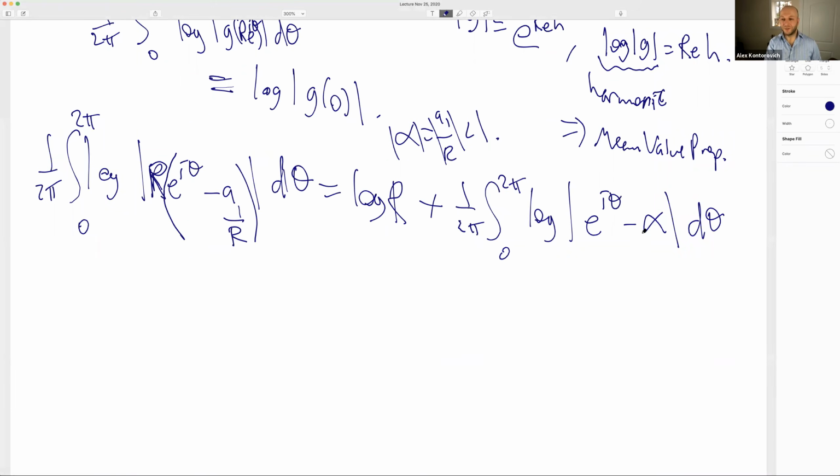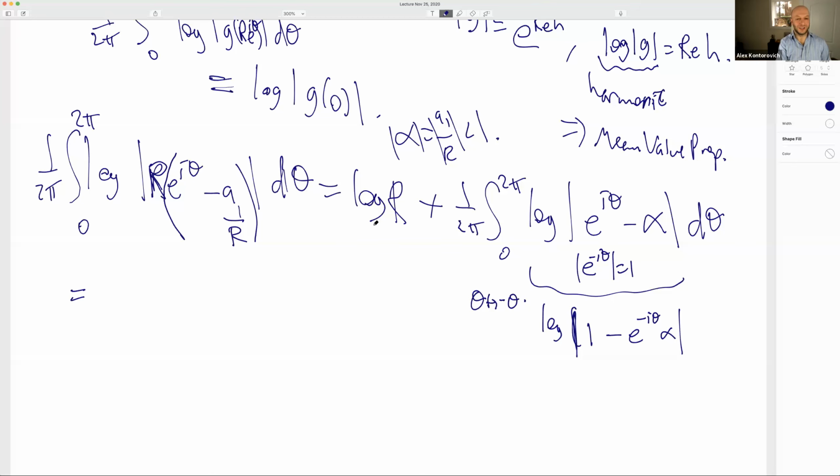Okay, let me make a couple more minor modifications. Let me multiply this by a number of absolute value 1, namely e to the minus I theta. This has absolute value 1, so I can write this whole thing as log of 1 minus e to the minus I theta times alpha. And I don't like the minus there, so I'll make a change of variables: theta goes to minus theta. Let me leave the log r alone.